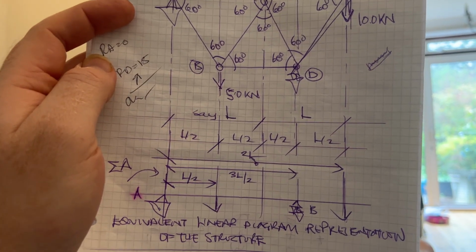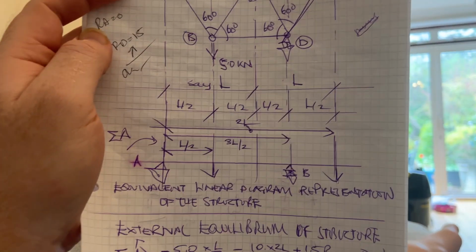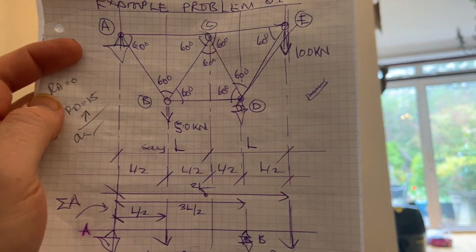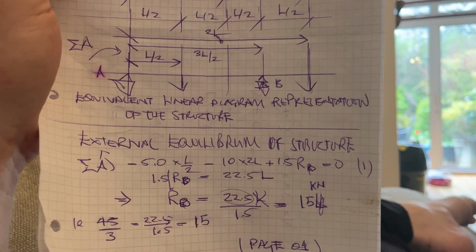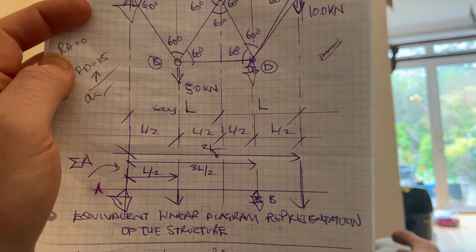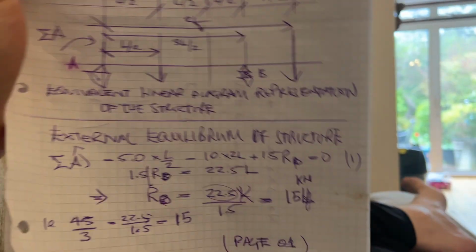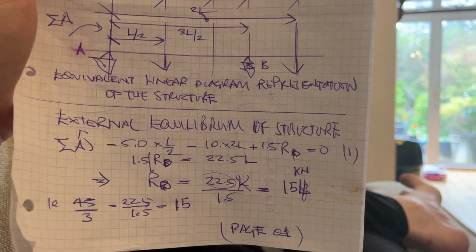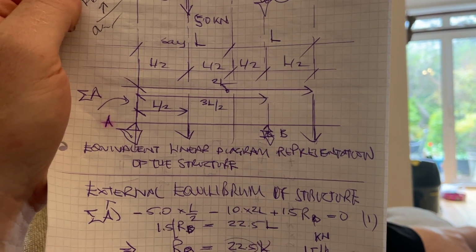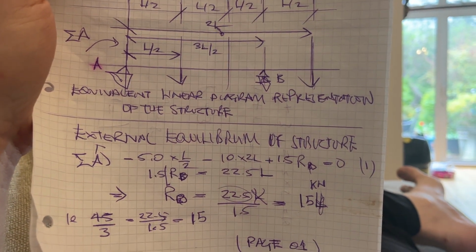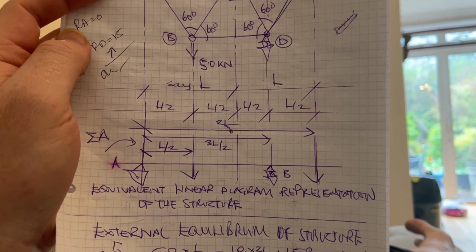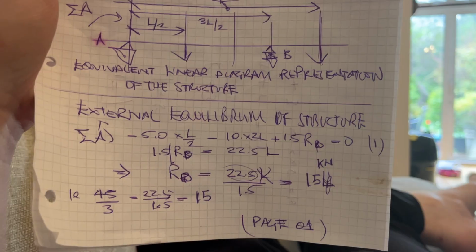Moments about A, so we got minus 5 times L over 2, minus 10 times 2L, plus 1.5L, or 3 over 2 L, times RD.